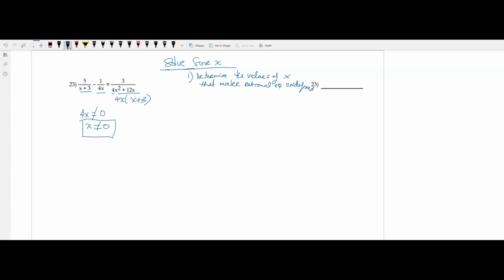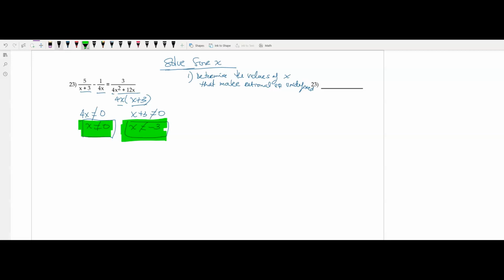Also, x plus 3 cannot be equal to 0. Therefore, x cannot be equal to -3. And since those factors are the same as the other two, those are the two values, right? So that's number one. We determined the values that make the rational equation undefined.